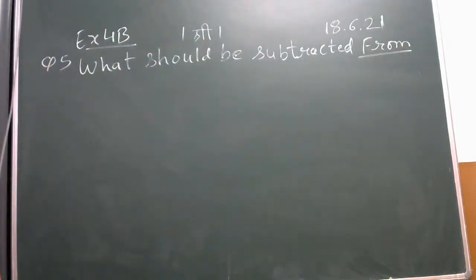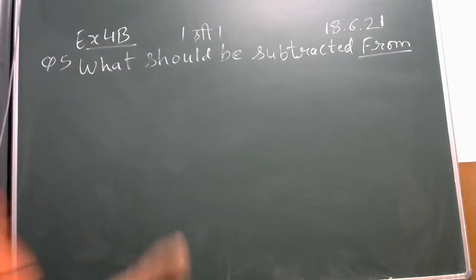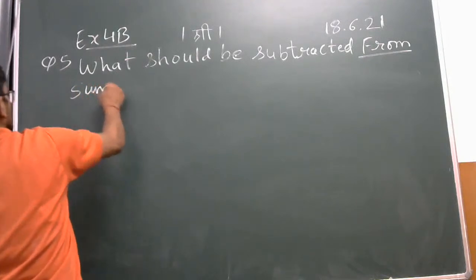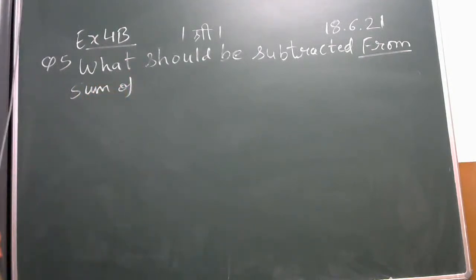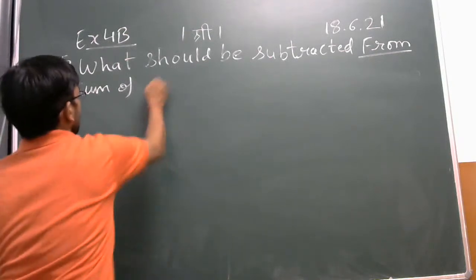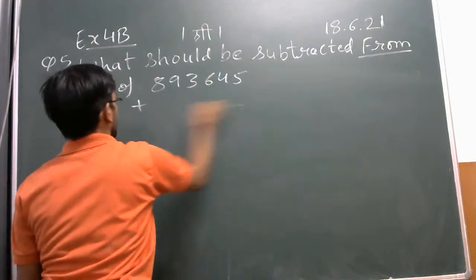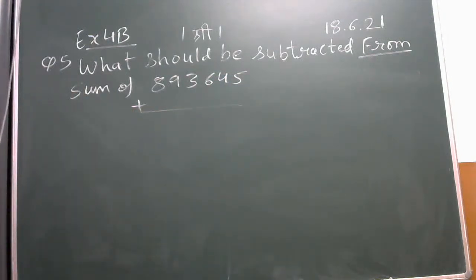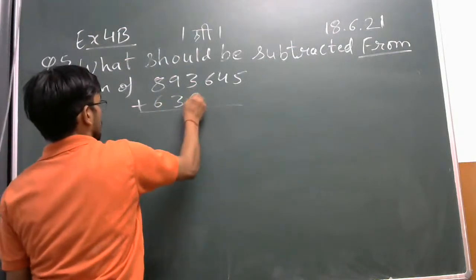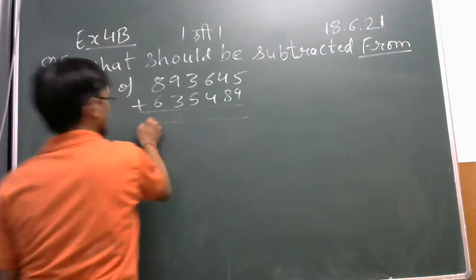फ्रॉम किसमें से माइनस करना है आपको? From the sum of there are two numbers, 893645 and the other number was 635489.